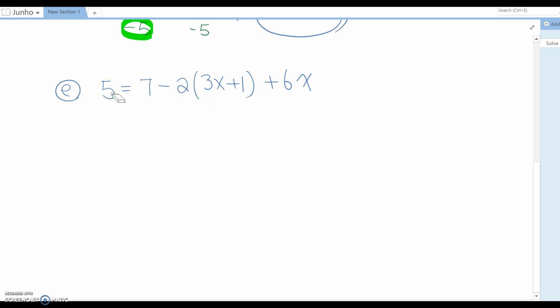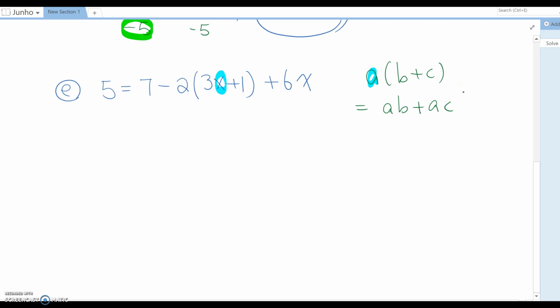But in this particular case, do we know the x value? Unfortunately we don't. Therefore we cannot use regular PEMDAS. Instead, we will use the distributive property, which is a times b plus c equals ab plus ac.